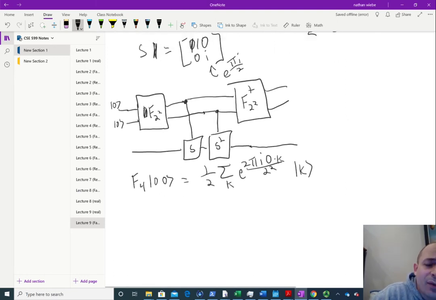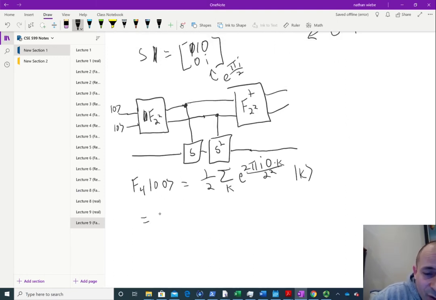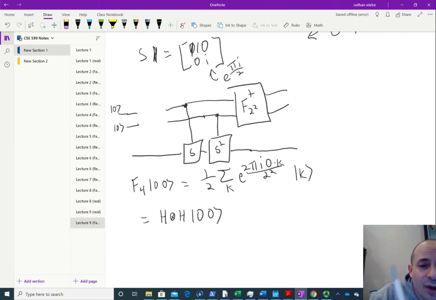Oh, and by the way, this actually also happens to be the same thing as Hadamard acting on 0, 0. So often when people are doing these circuits, they don't represent the Fourier transform over here as a Fourier transform, because they can get by with doing the equivalent Hadamard transforms here.